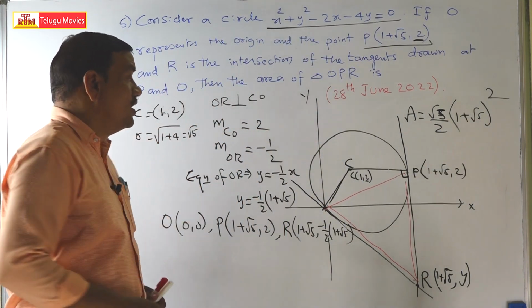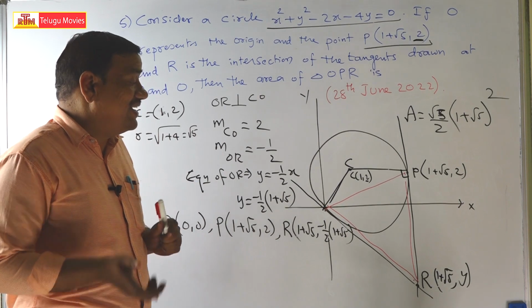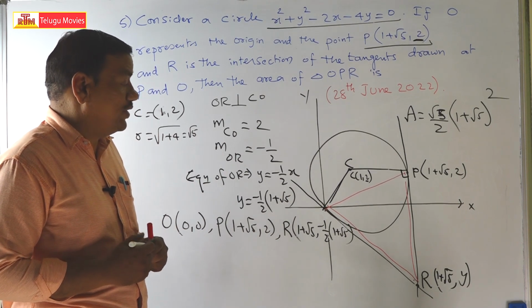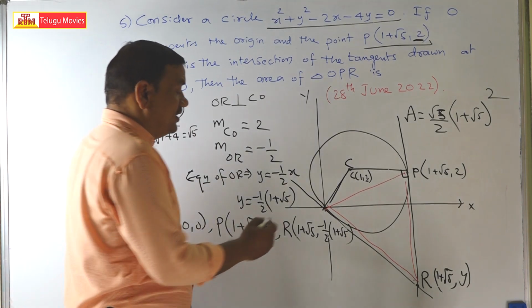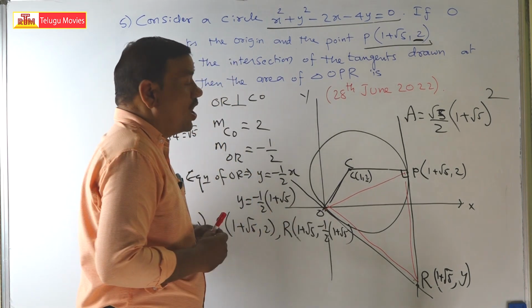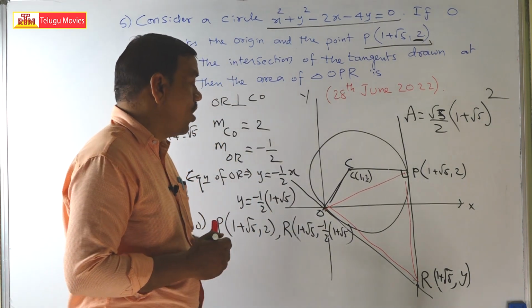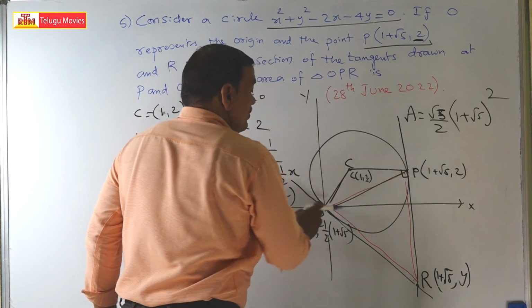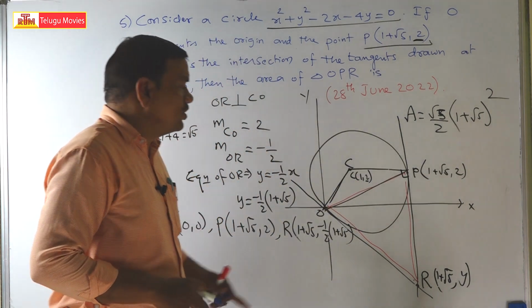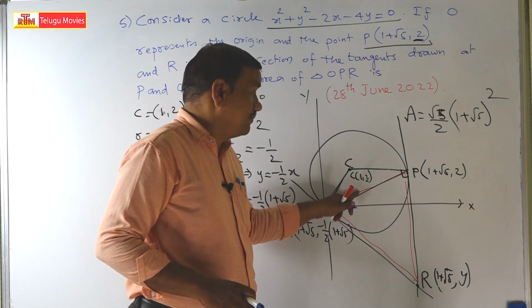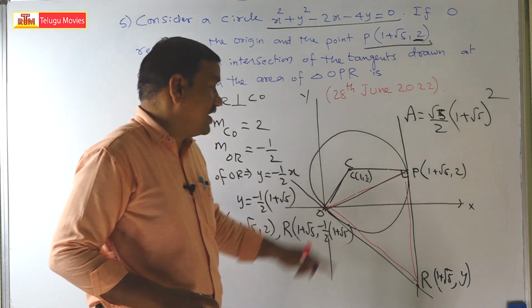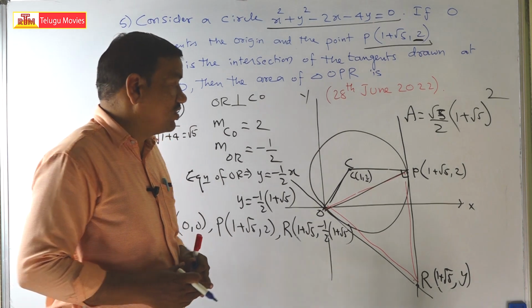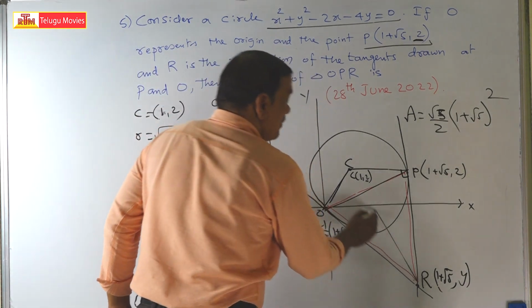So try to do this. This problem can also be done in another way, which is somewhat difficult. That is half into base into height. Base means you take this as a base. Find the distance between 2 points, and afterwards you have to find the equation of this line, and draw the perpendicular distance.